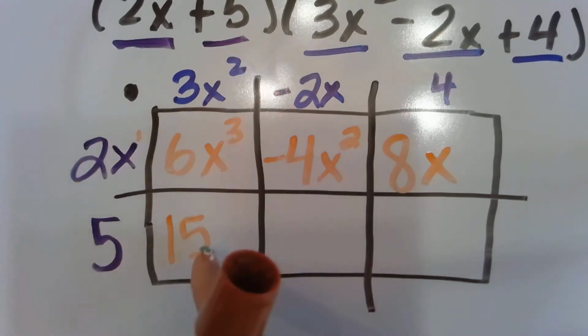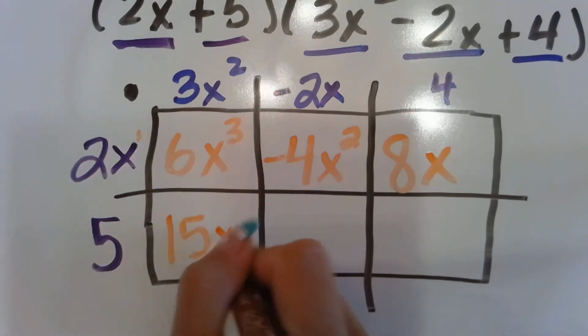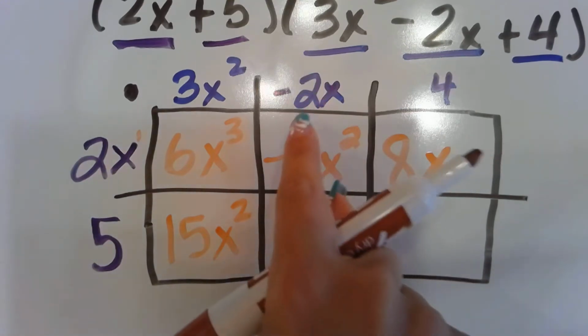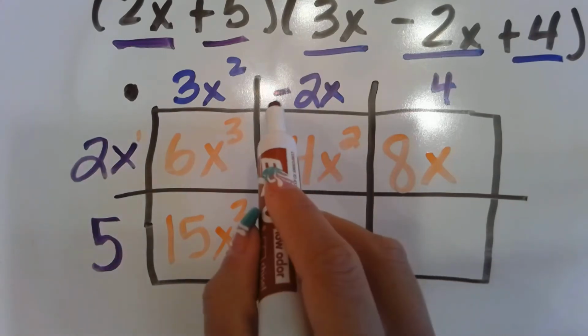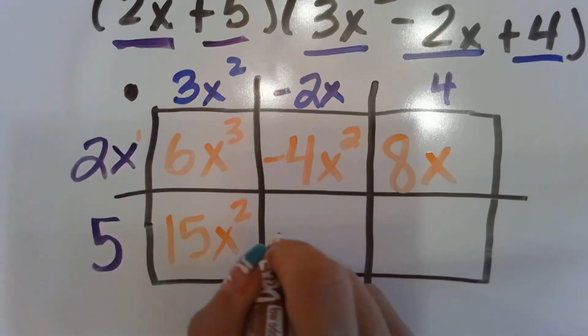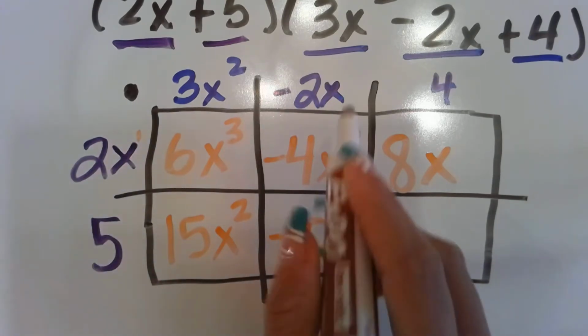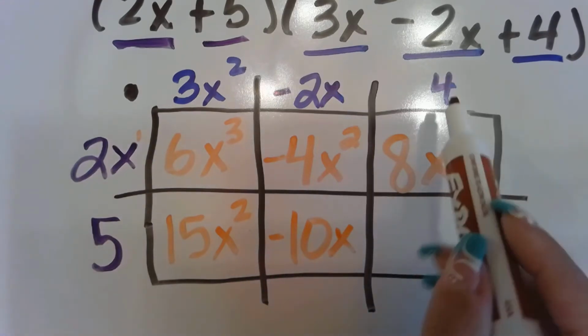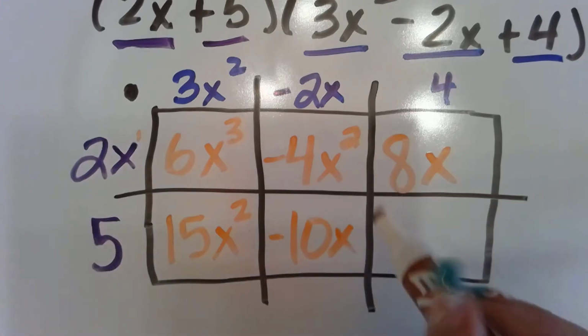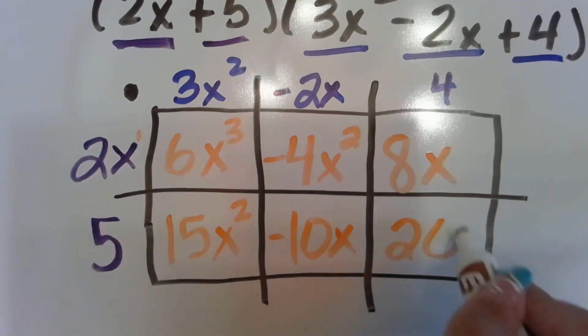And we have our x squared here, so we're going to write x squared. And then we have negative 2x times 5. So negative 2 times 5 is negative 10. And we have an x here, so we're going to pull down our x. And we have 4 times 5, which is 20.